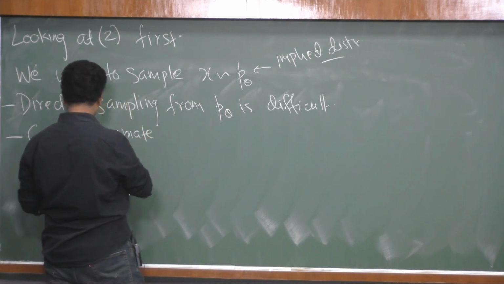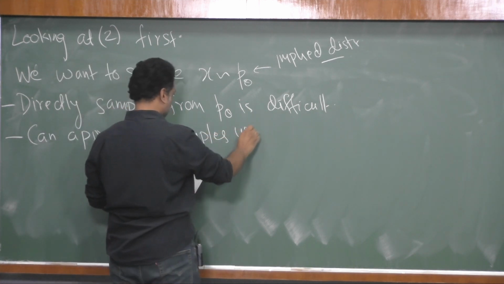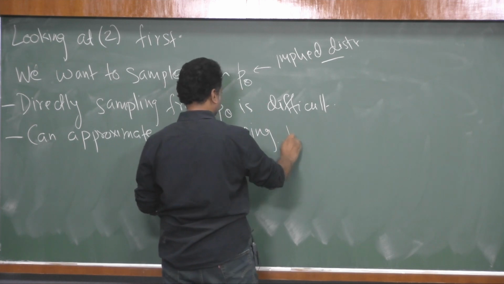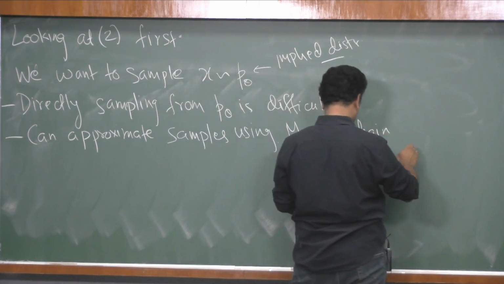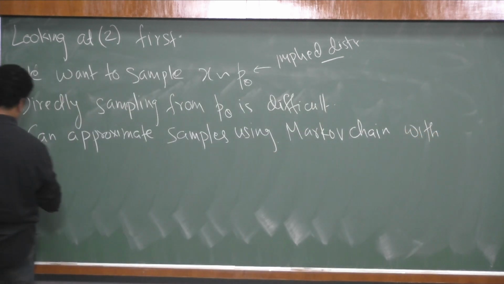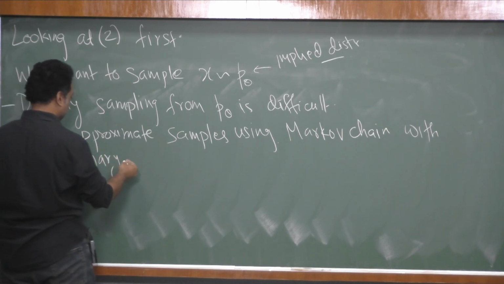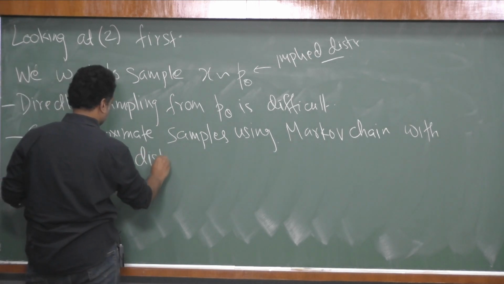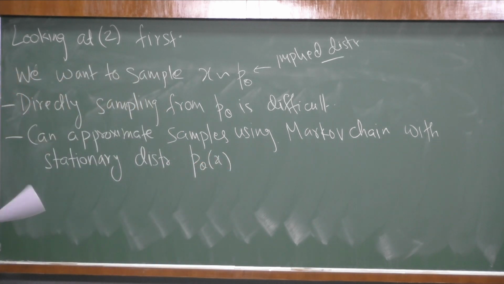So we can approximate samples using a Markov chain with a stationary distribution, and the stationary distribution we take as P theta.